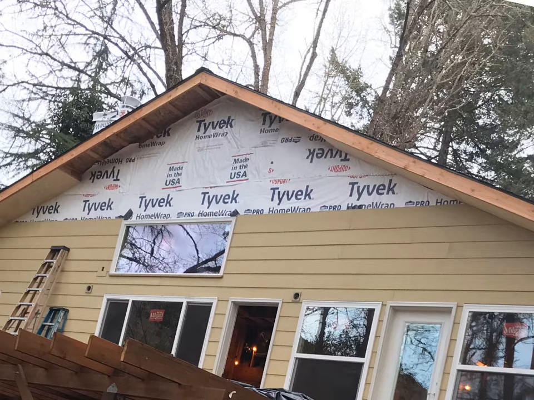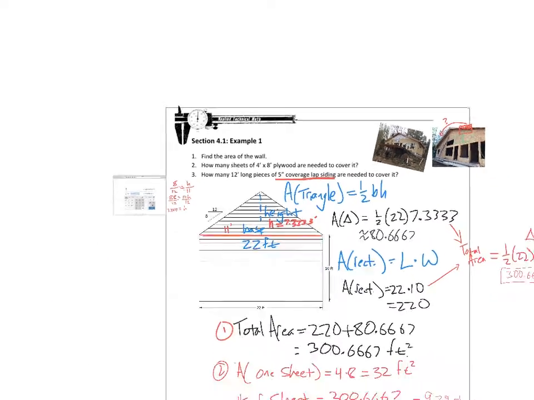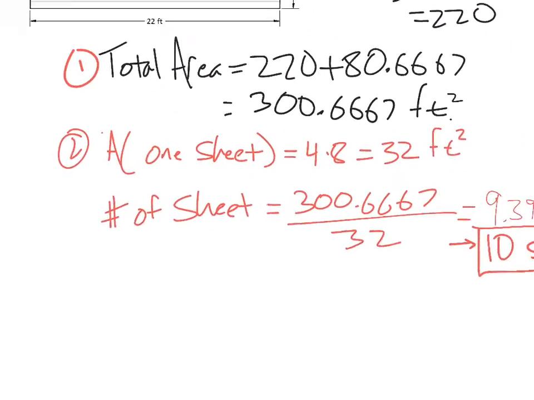What we're saying here is that this is 5 inches. The board itself might be bigger, but the coverage is 5. So we can imagine that these were strips of wood that are 5 inches by 12 feet, okay?